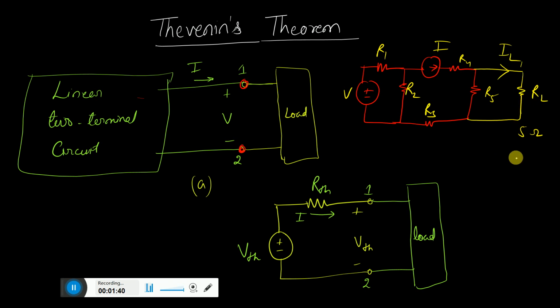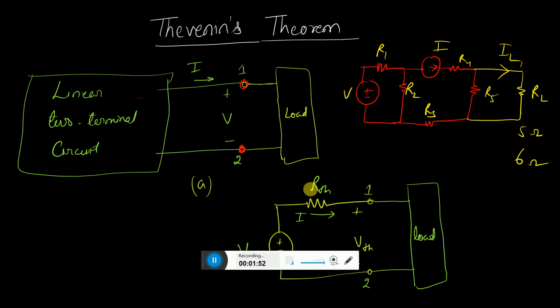Now if I change RL from 5 to 6 ohm, then also you will do the mesh and node analysis and find out the current flowing through this 6 ohm. So every time the value of RL changes, we have to solve the equations.